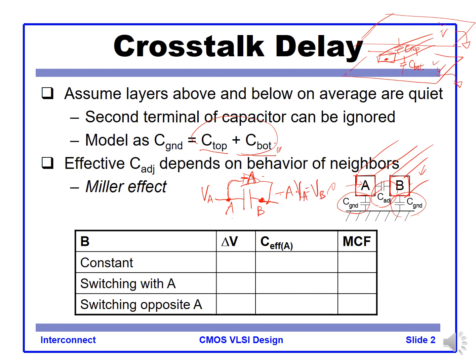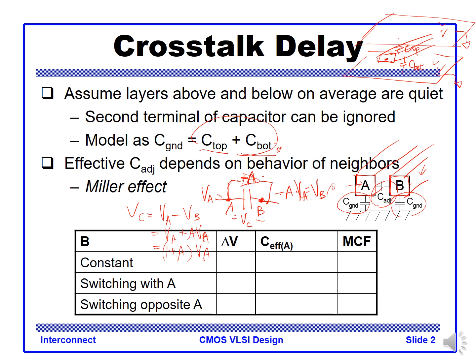So between those two terminals, we see the capacitance. We have a voltage VC, so VC becomes what? VA minus VB, that is VA plus A VA, that means (1 plus A) VA.